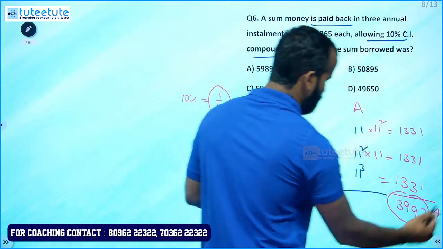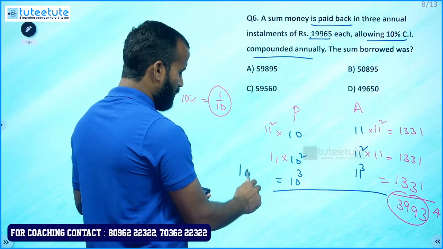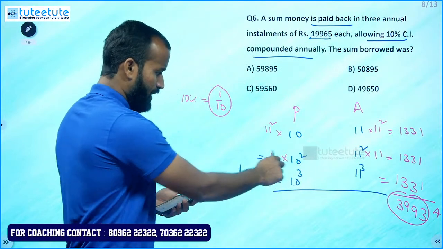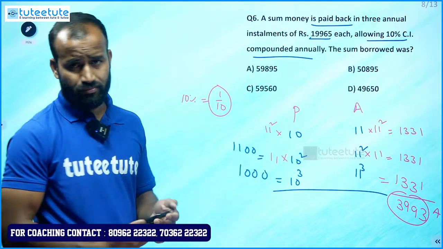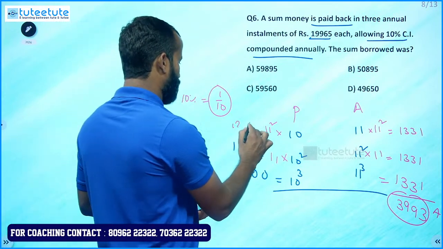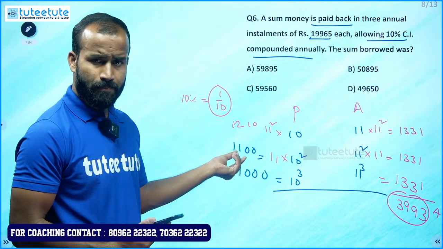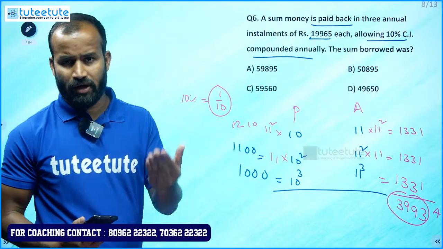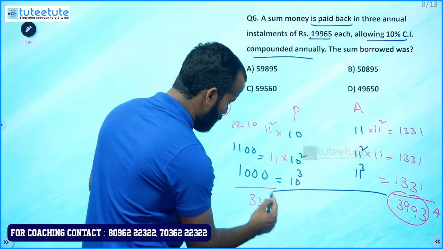If you see, 10 cube will be 1000. Then 100 into 11, 1100. 11 square, 121 into 10, 1210. So 1000, 1100, 2100, plus 1210, 3310. This is principal.